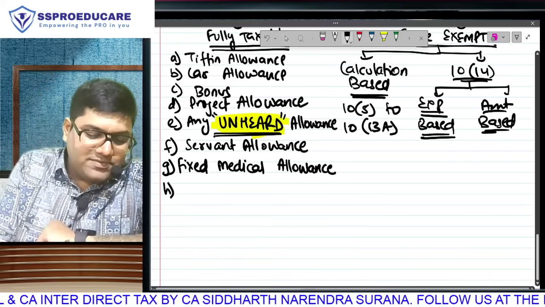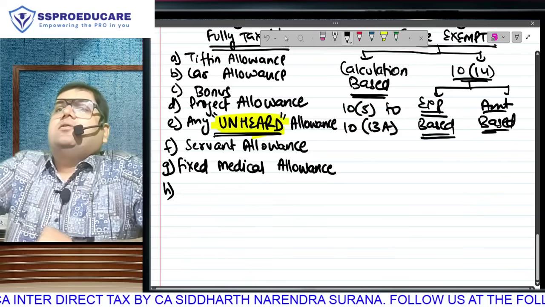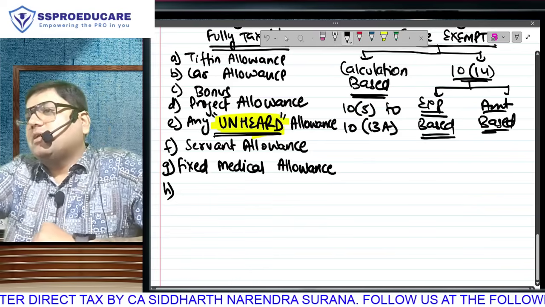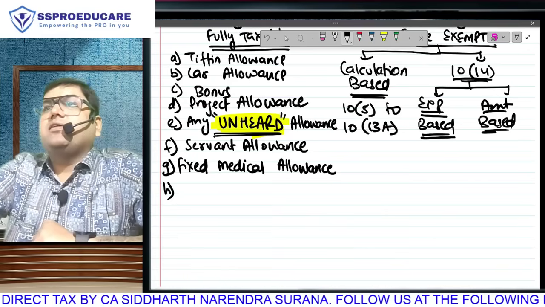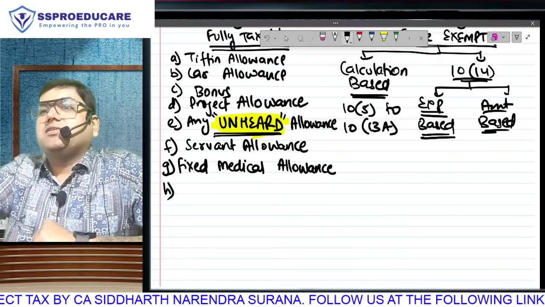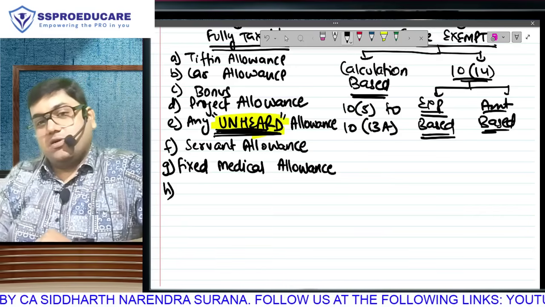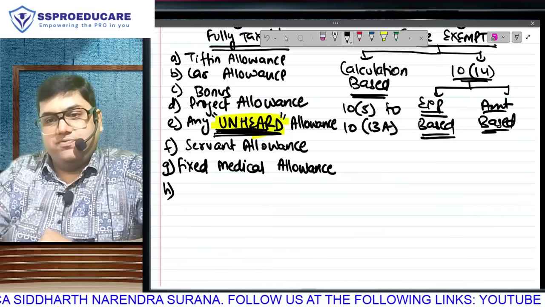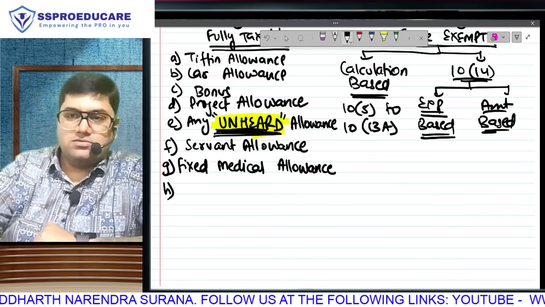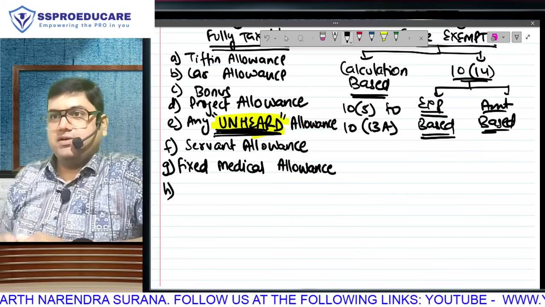One last name which you will give me. Fully taxable allowance. And of course, don't give me any random name like furniture allowance or washing machine allowance, because all that is covered here. I am asking you about a name which we have studied.